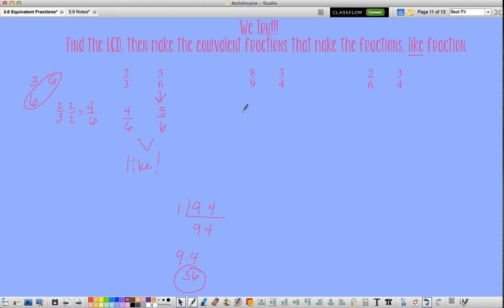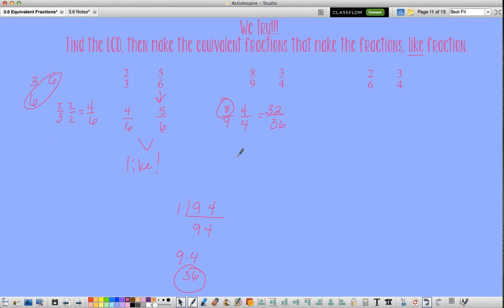So in this case, we have to get them both to 36, so 8/9. Notice every time, even though I might think it's simple math, every time I set this up to find my answer, because a lot of times students forget to multiply the numerator by your number as well. Okay, so we have 8 times 4 is 32.